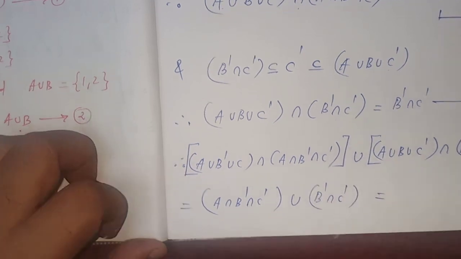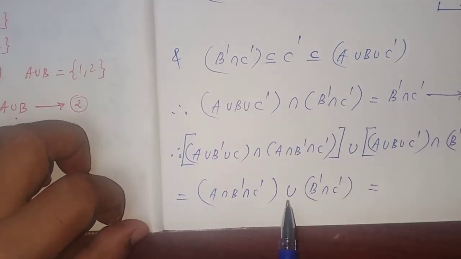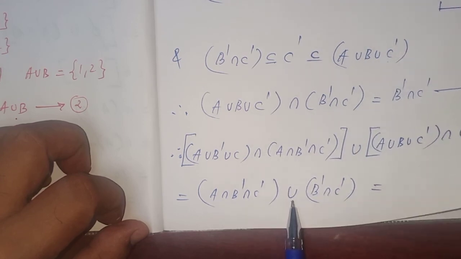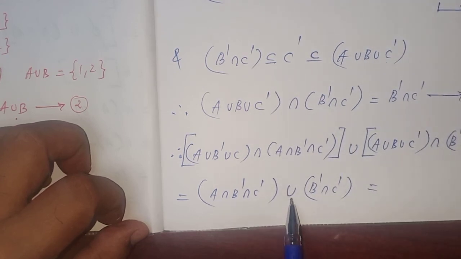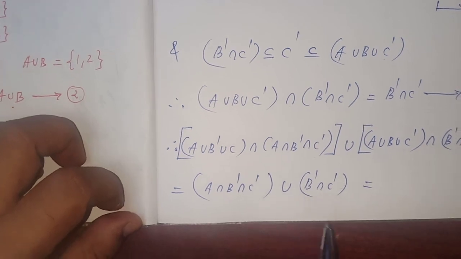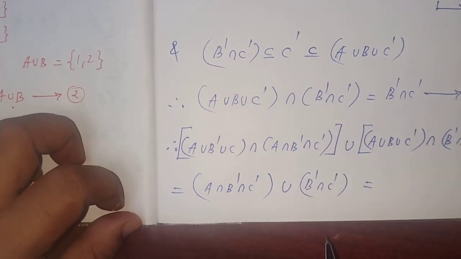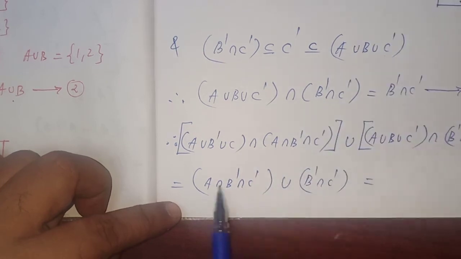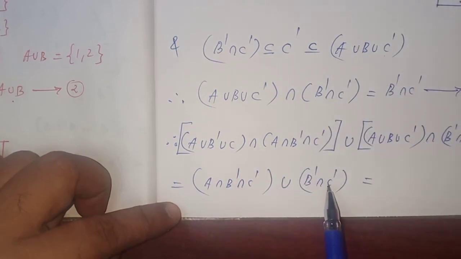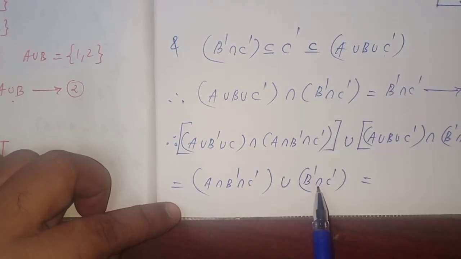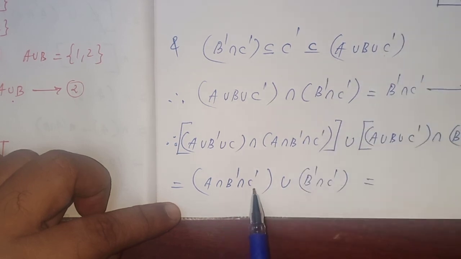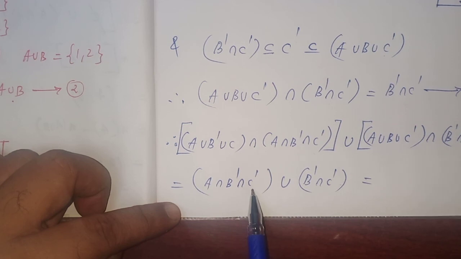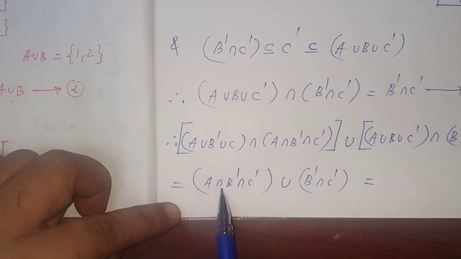That is equal to. In between these two, we have union. Whenever union comes, you have to write the set which has more number of elements. Out of these two, which set has more number of elements? Definitely this one has more, because here B dash intersection C dash, here also B dash intersection C dash. Apart from that, we have one more intersection.